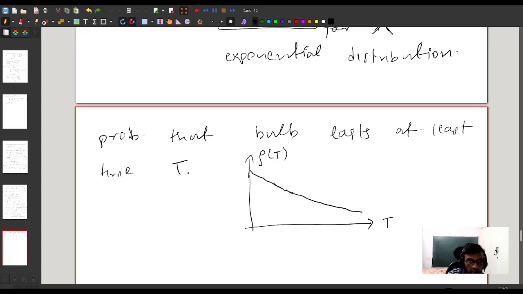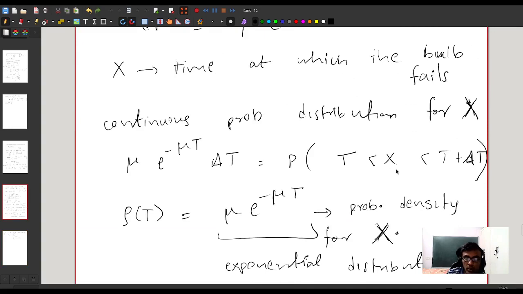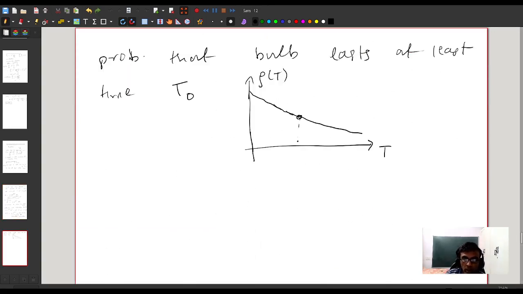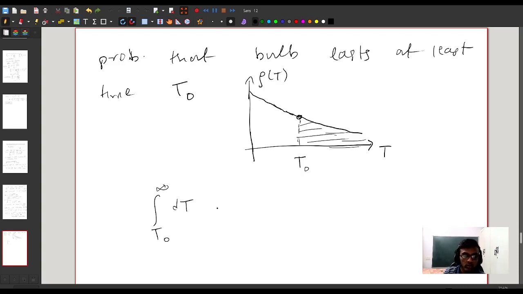Okay, let me use a different variable here, t naught. So the probability that we want is this integral from t naught to infinity, right, which is going to be e to the minus mu t naught.